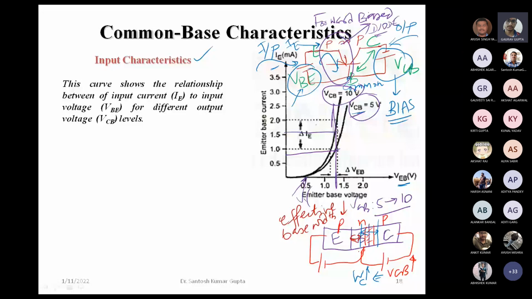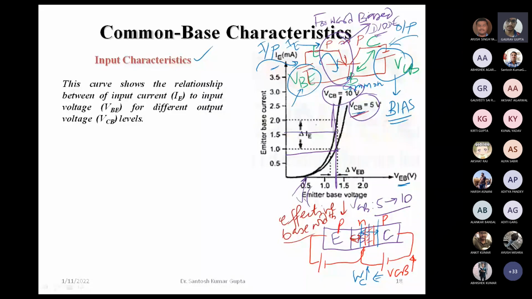We can see that the base region is decreasing, and so there is an increase in the current here. So that's what happens here: VCB is not directly responsible for controlling IE, but indirectly it affects IE.